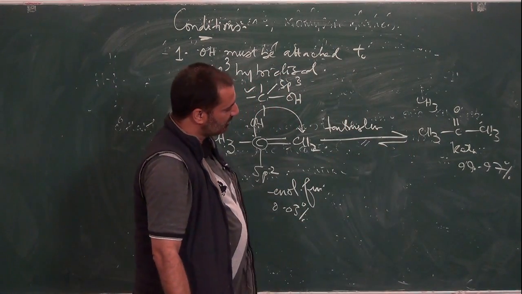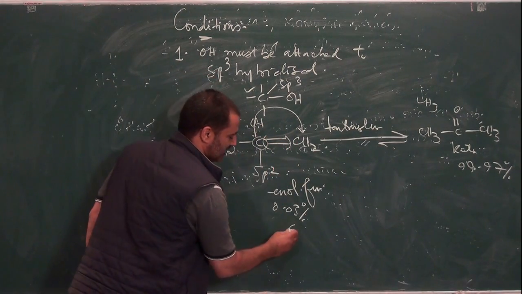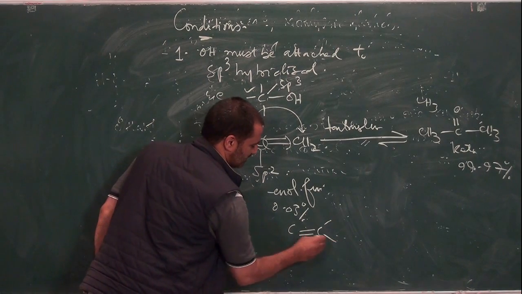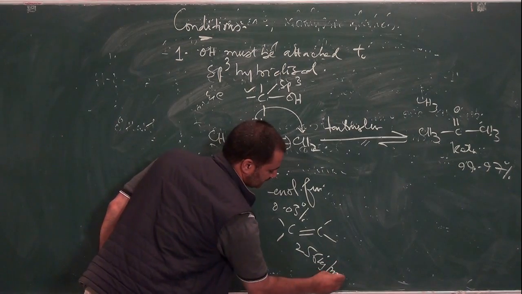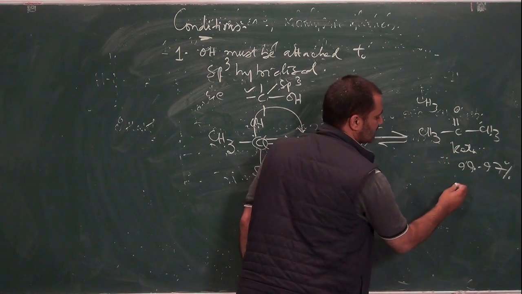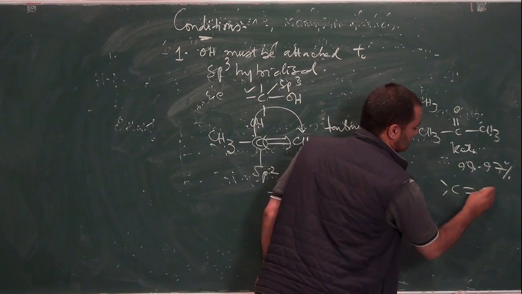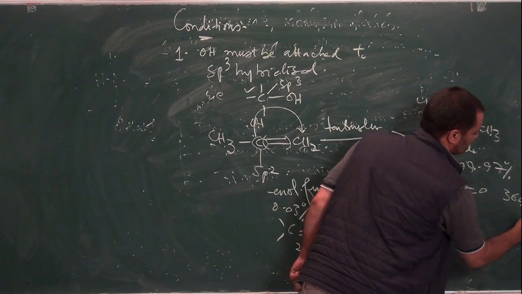Why is this highly stable? So far as the carbon-carbon double bond is concerned, its bond energy is 256 kilojoules per mole. For the carbonyl group, carbon double bond oxygen, the bond energy is 364 kilojoules per mole.